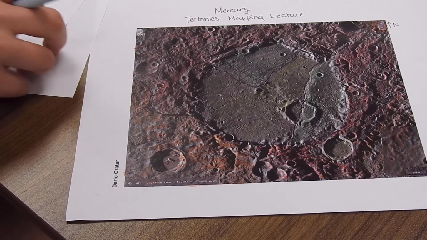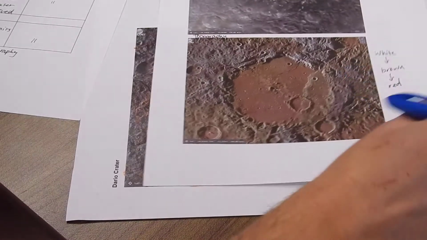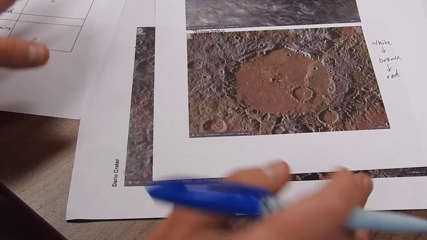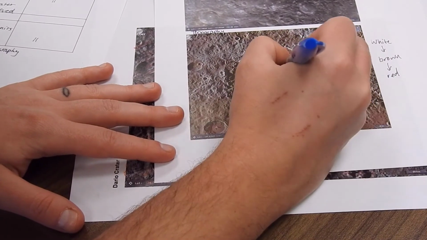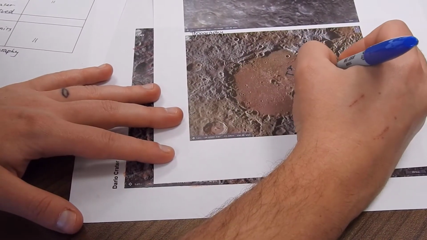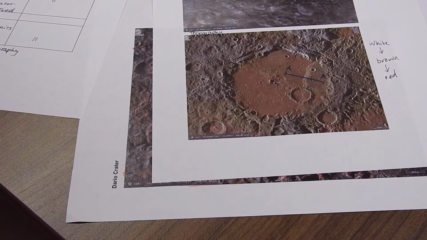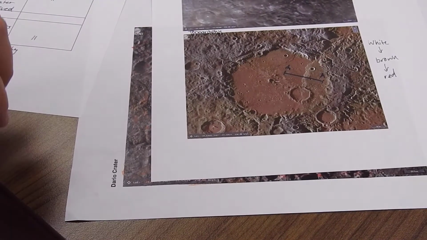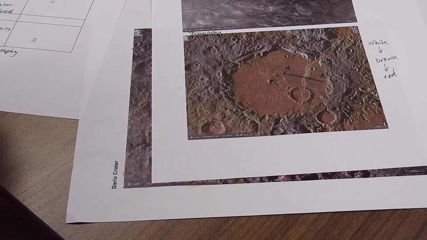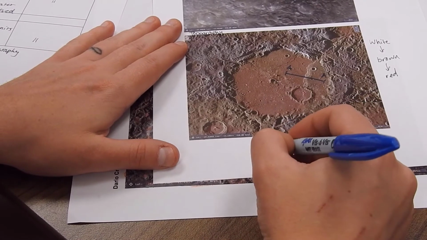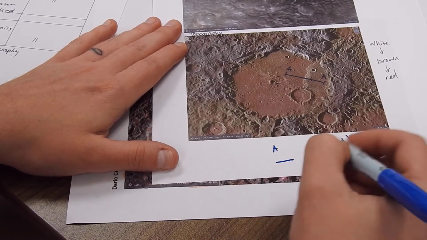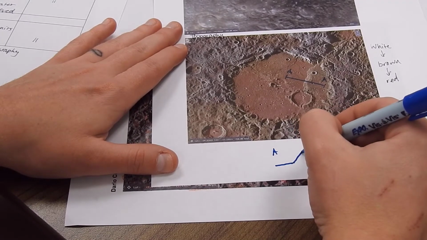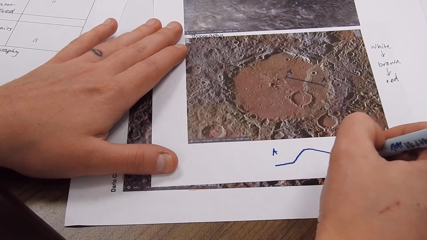To get a good idea for this, I'm going to give you a cross section on this topographic map. So let's say that I went from A to A prime. I wanted to see the elevation on this surface. Got low, then I come up, and I drop back down.